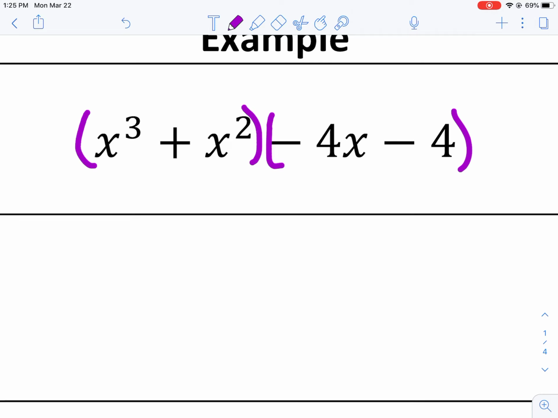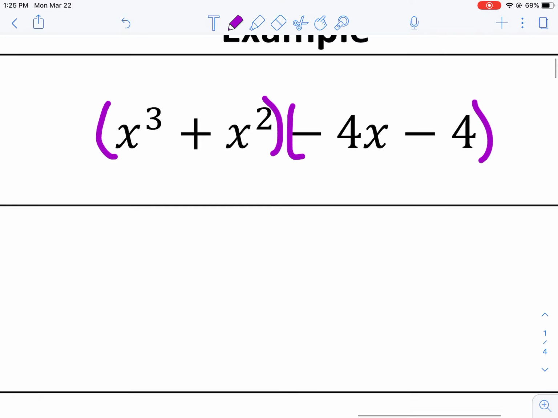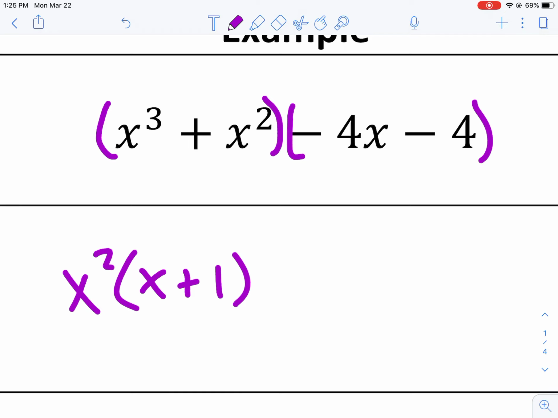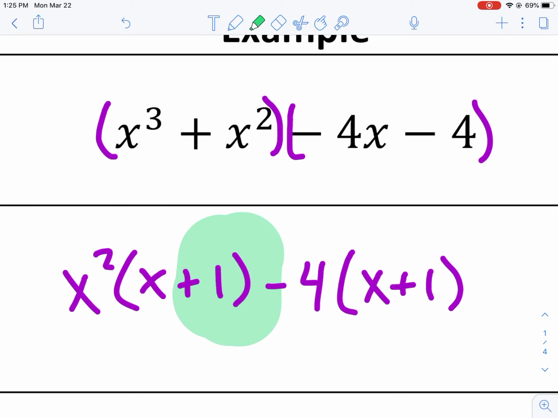So you got 2 groups here, and then you're going to pull out the GCF of each group. So for this first parentheses, I'm going to pull out an x squared, and inside the parentheses, that's going to leave me with x plus 1. For my second parentheses, I'm going to pull out a minus 4, and that's also going to leave me with x plus 1. So if you do this correctly, you should always get 2 parentheses that are the same, okay?